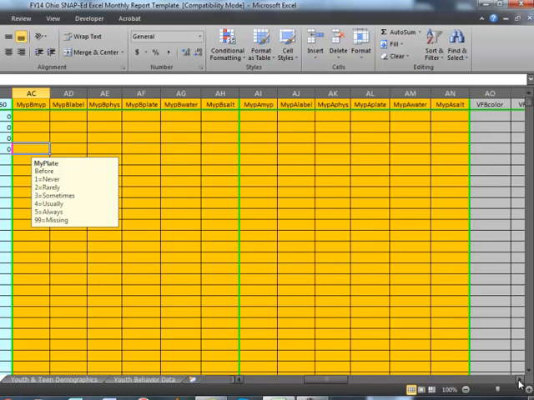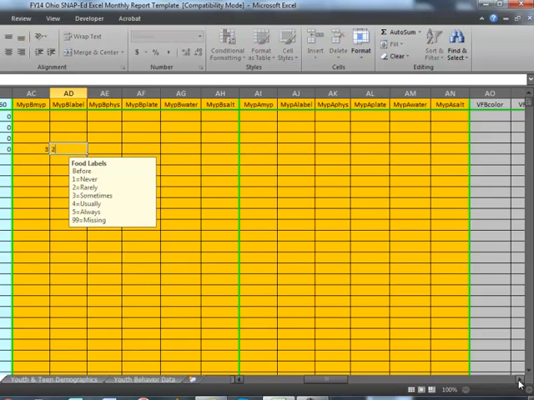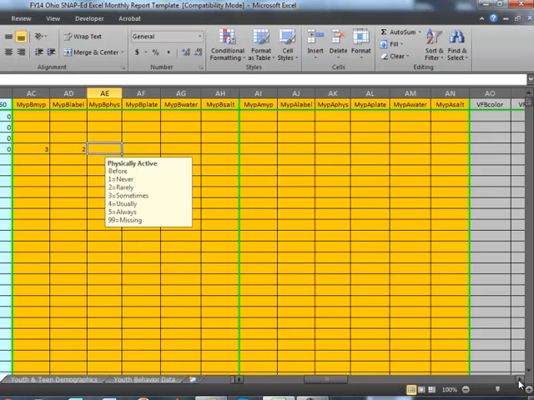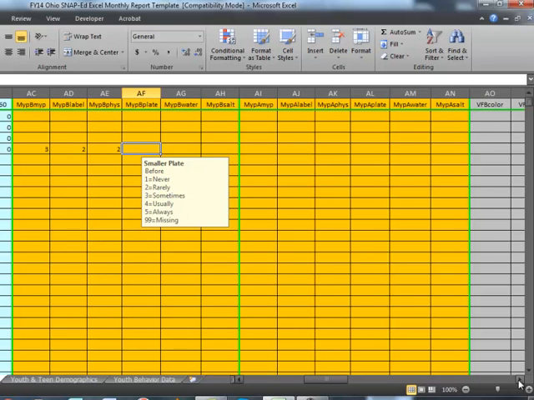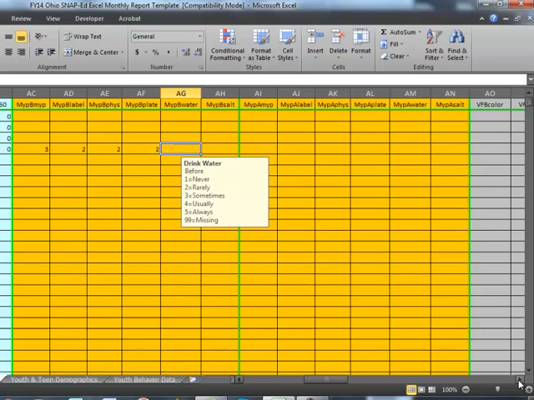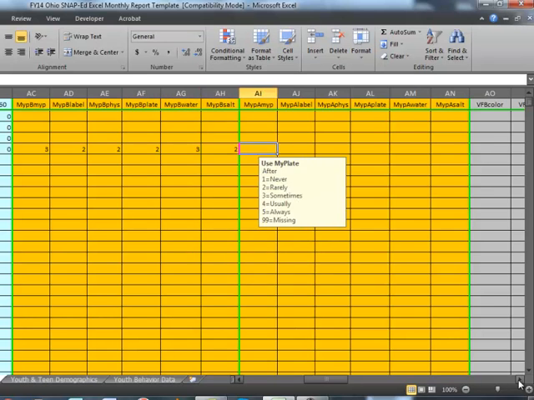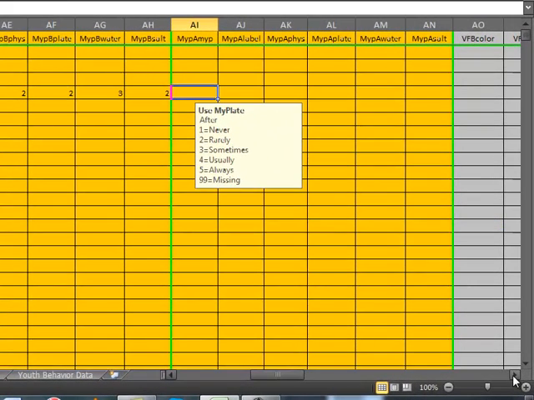So for the before, this person entered a 3 that she used MyPlate to make food choices, 2 for using labels to make better choices, a 2 for physical activity, 2 for using a smaller plate at meal times, 3 for drinking water, and 2 for reading labels for salt or sodium content.